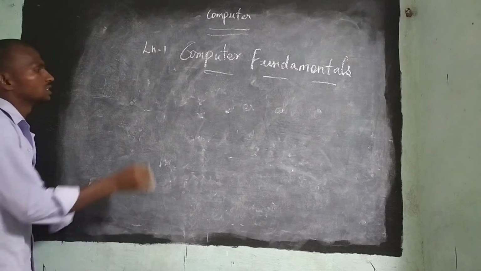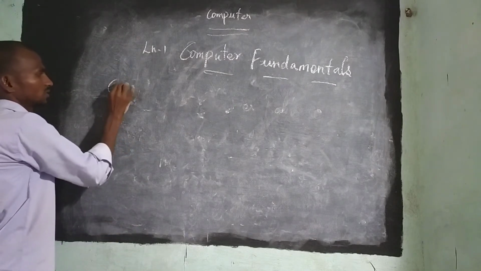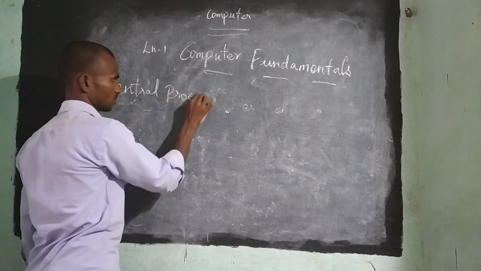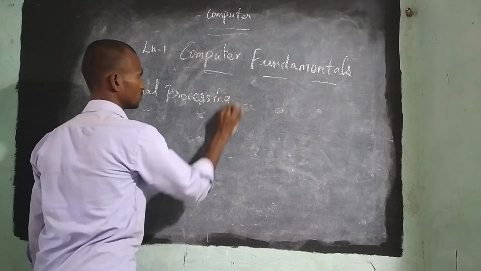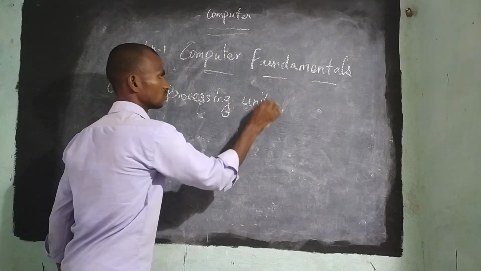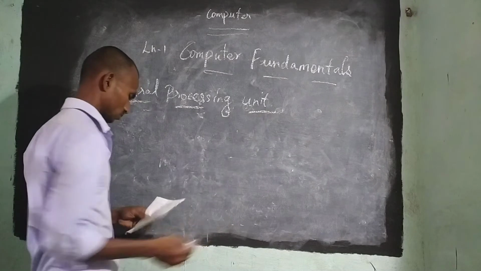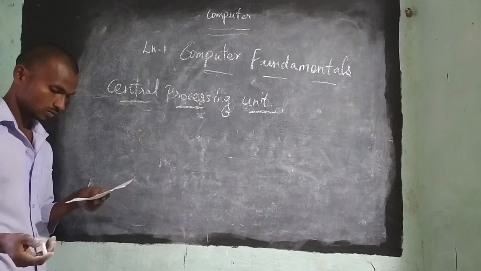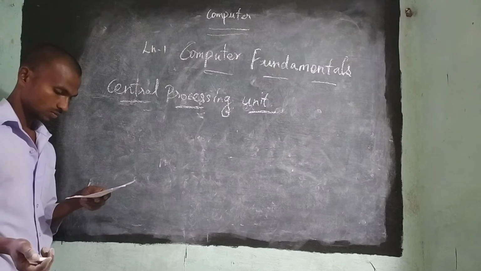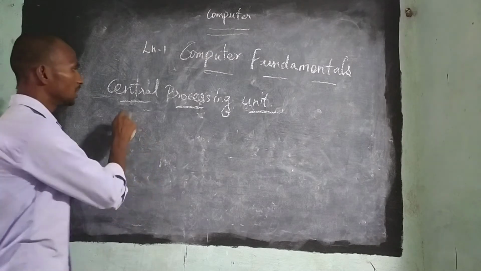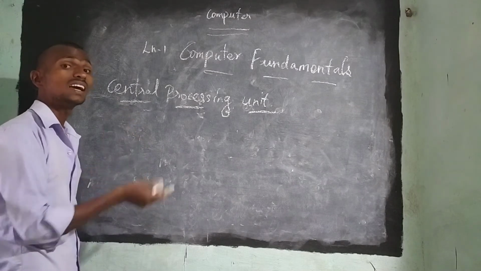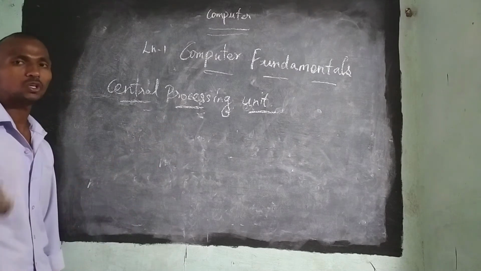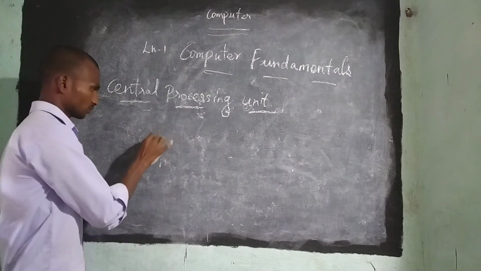Next, the CPU, central processing unit. This unit does the entire work of the computer. The CPU is doing each and every process of the computer.